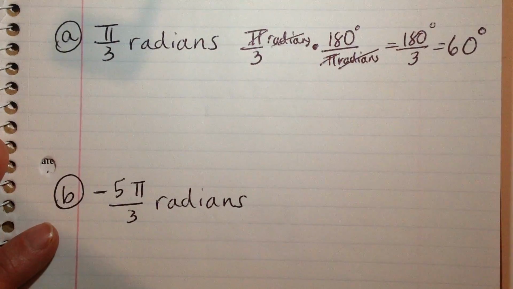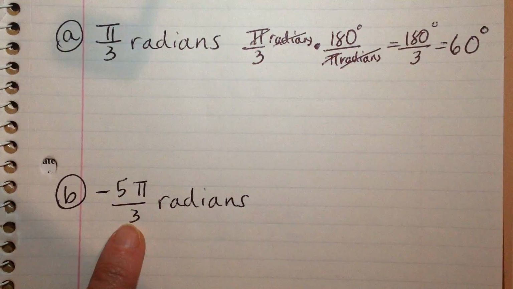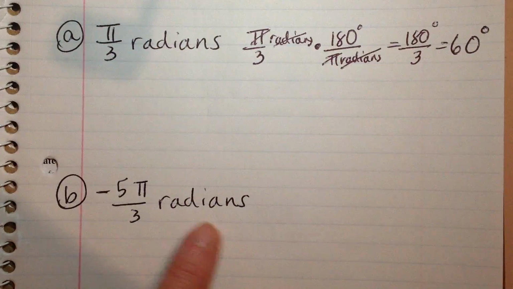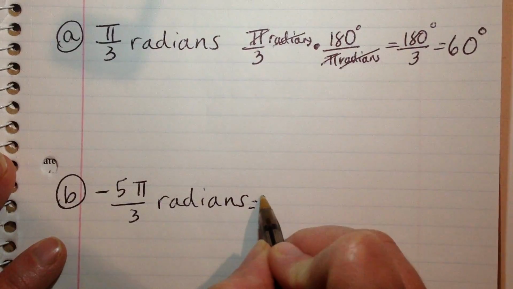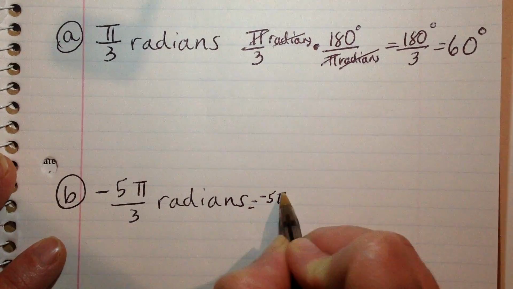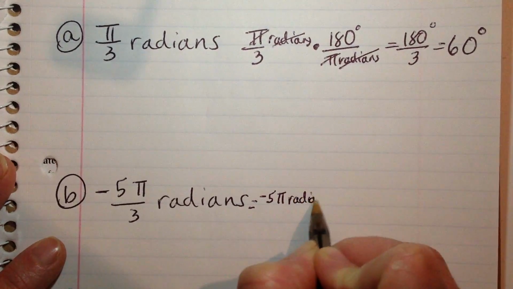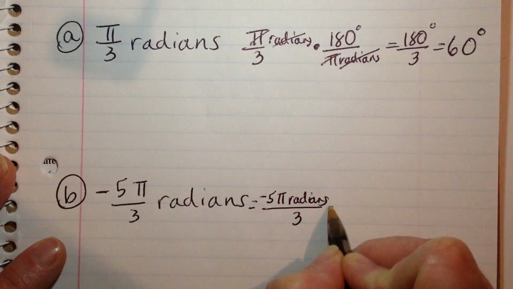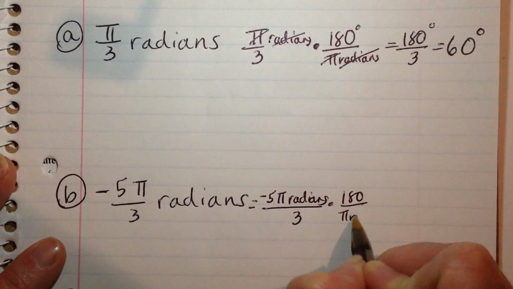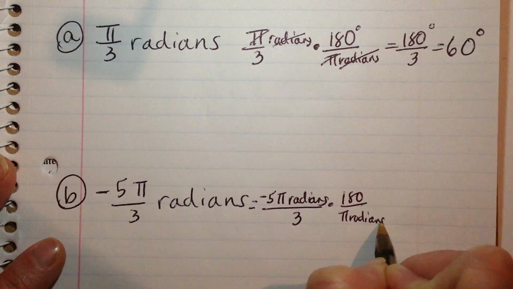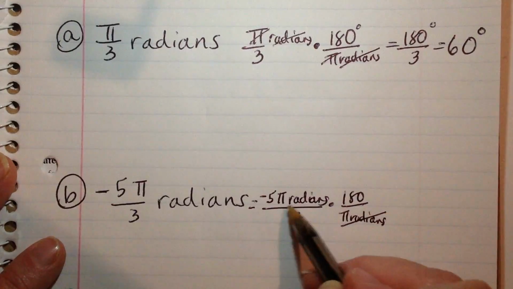Next, negative 5 pi over 3 radians. Let's convert that to degrees. So I have negative 5 pi radians divided by 3 times 180 over pi radians. The pi radians cancel.